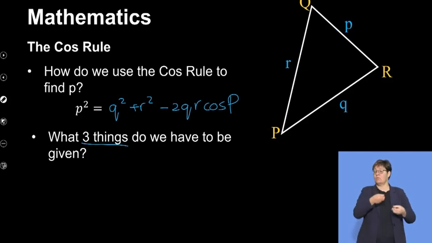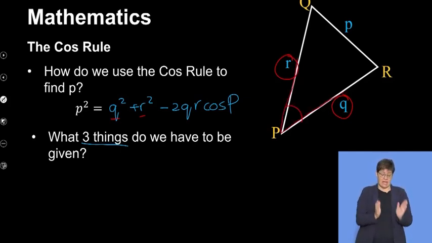We need to be given q, r, and the angle in between. So we're looking at side, angle, side, like this. Those are the three things we need to be given. We need to be given q, r, and angle p.